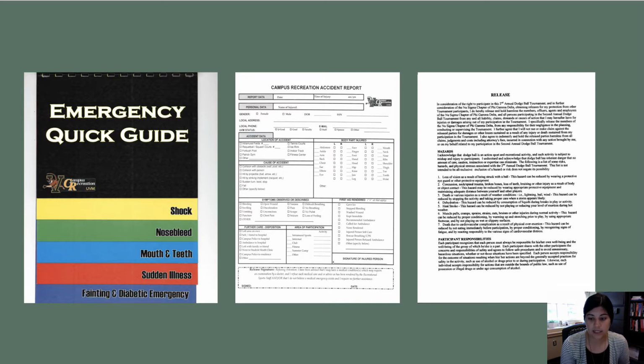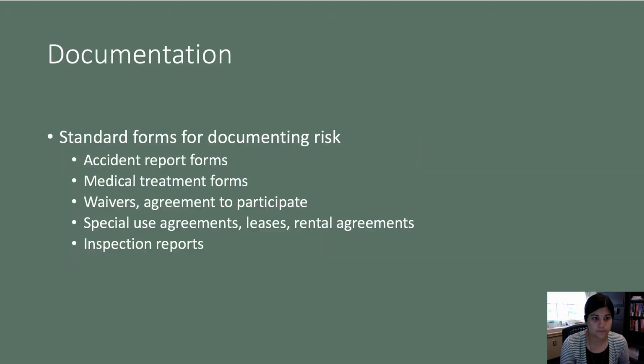So basically, we want to collect all the documentation that the site uses that is an interaction between them and their employees, or them and their patrons. We want to make sure that that is all well written in a way that could protect us in the event of a lawsuit. Here are just a couple of other documents you might consider.